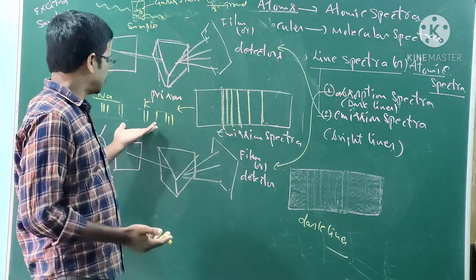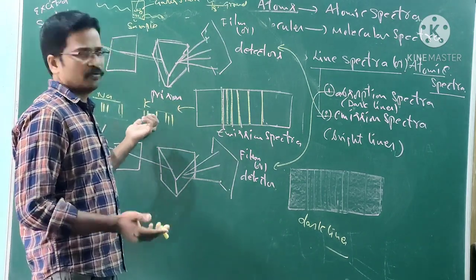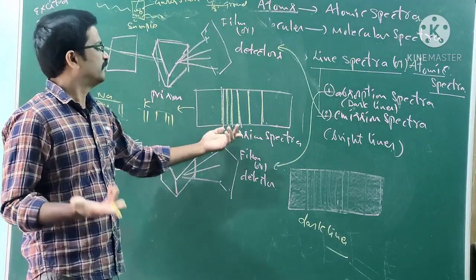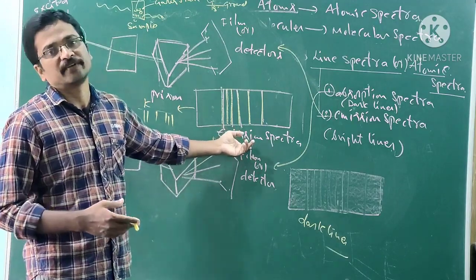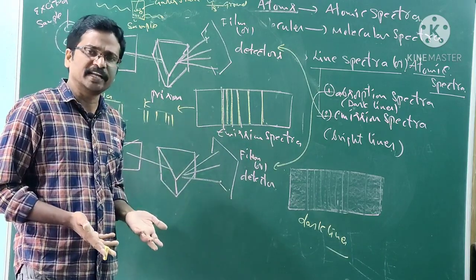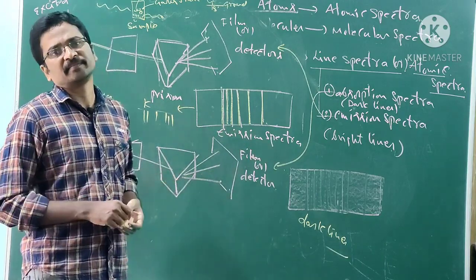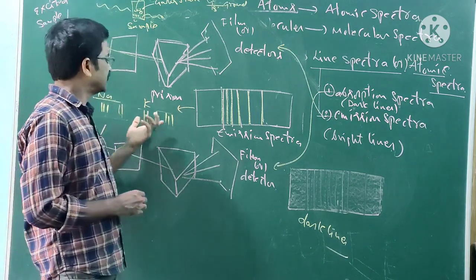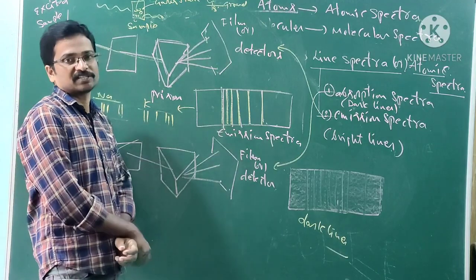This is the reason why, even today, emission spectra are utilized in various laboratories in India. You can find out whether sodium or potassium is available in the earth crust, or radium, or whatever it may be. It is analyzed by taking this type of emission spectra.